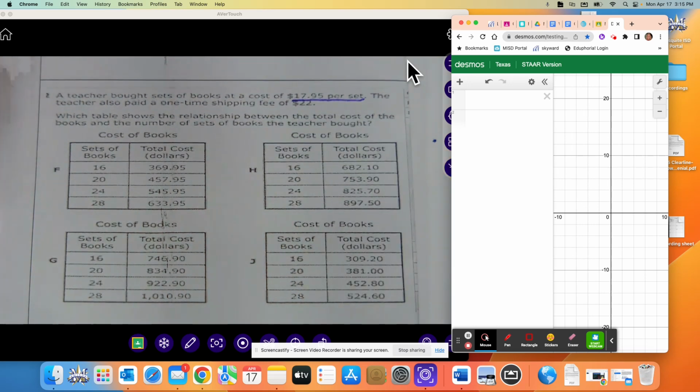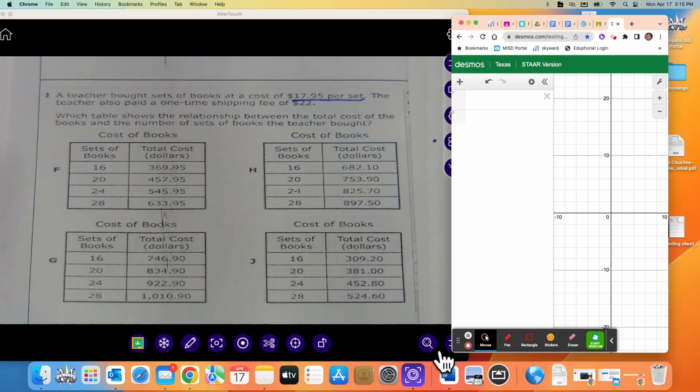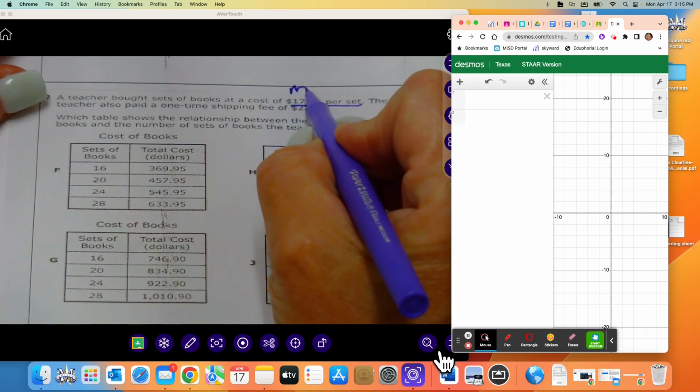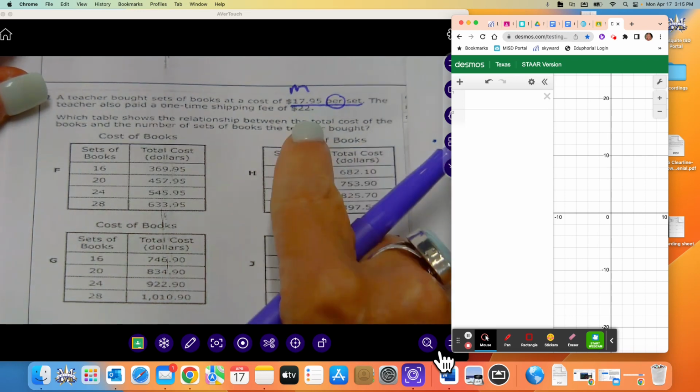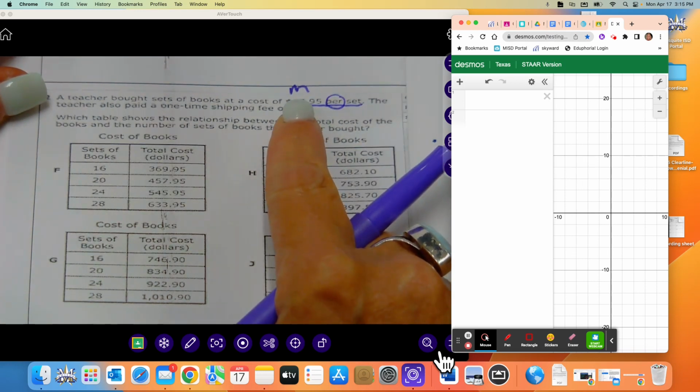Thinking back to yesterday, when we talked about slope, what letter does that represent? This represents M. The keyword right there is per. It all depends on how many sets she buys, but it's $17.95 per set. So that's the slope, that's M.